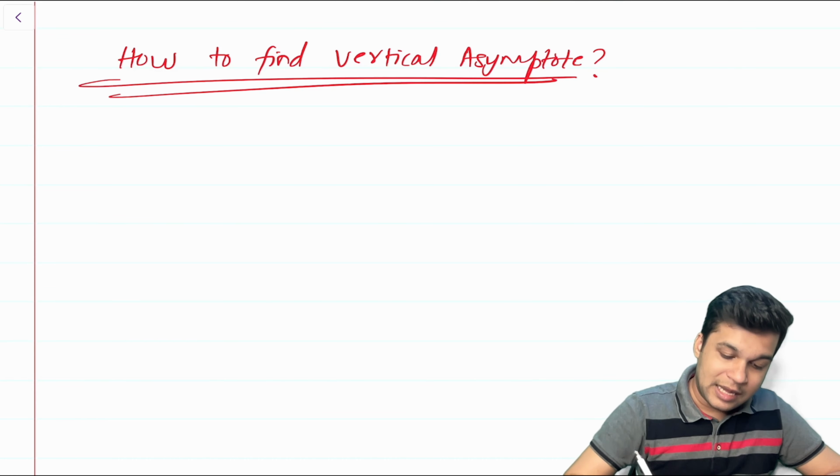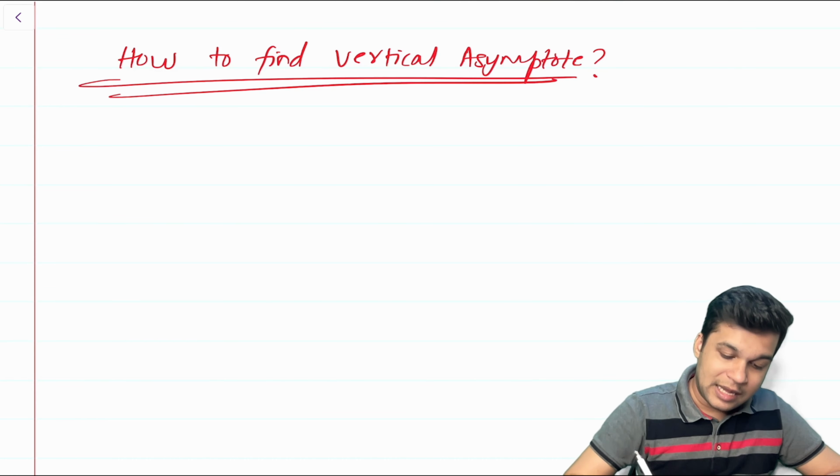You can have one vertical asymptote, two, 3, 4. It depends on the equation. For example, let's say you have 10x minus 2 divided by 5x plus 15. This is your rational function.